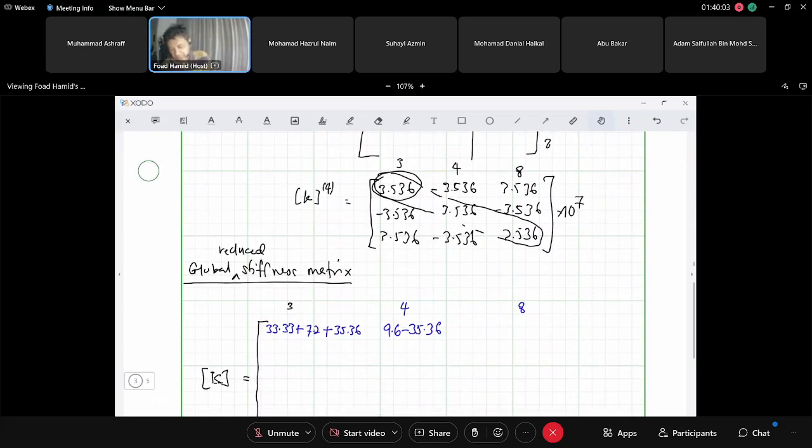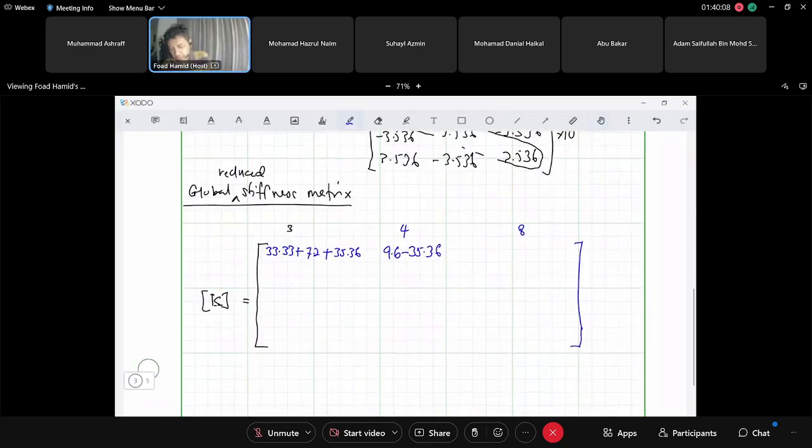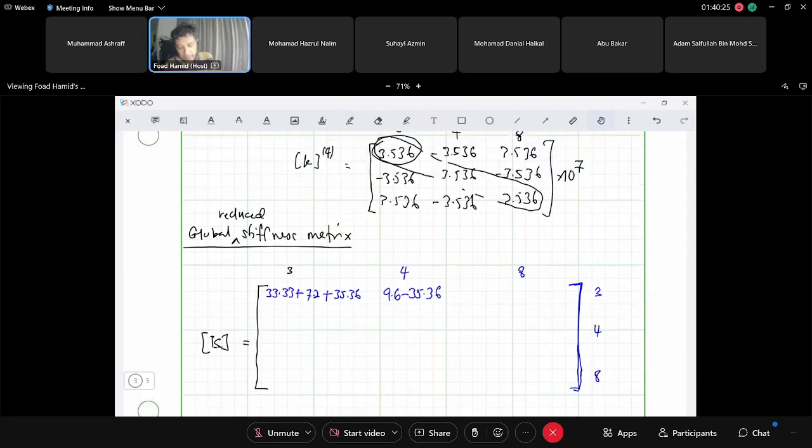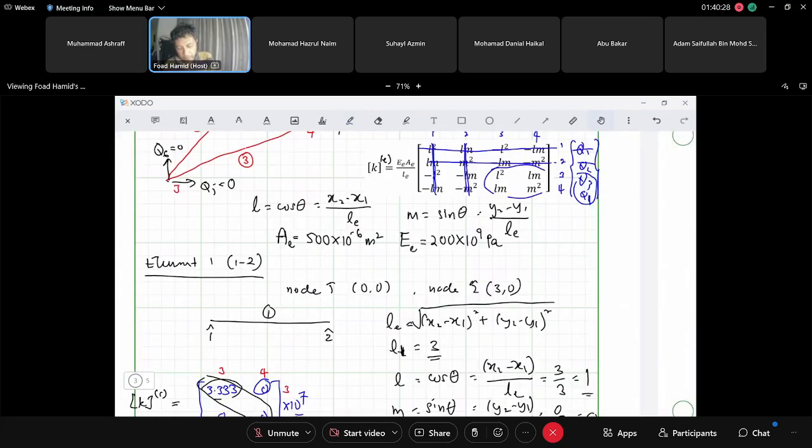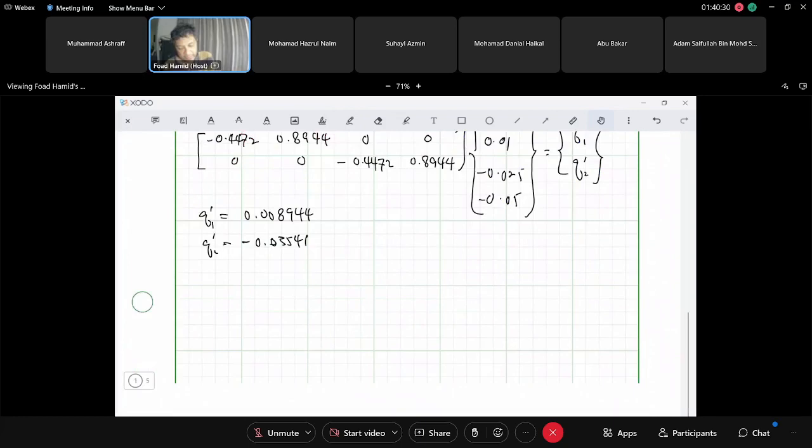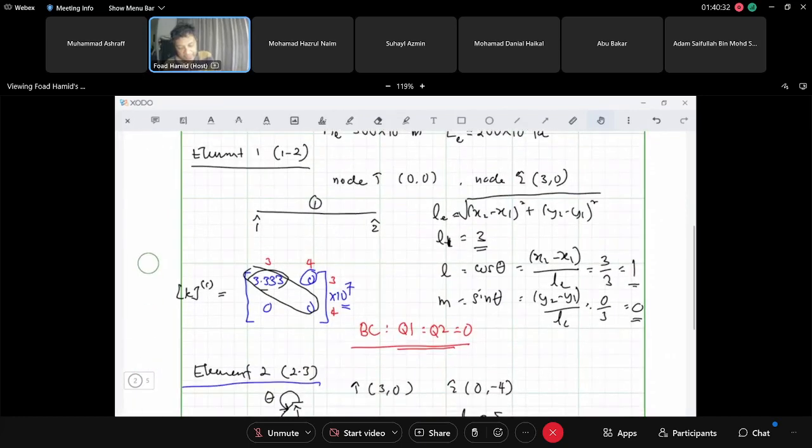Sorry, I missed another important point here. So this is row 3 and column 8, and this one is row 4 and column 8. If you look at this one again, as we looked at node number 1 just now, this is 3 and 3.